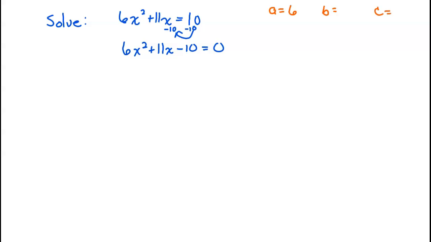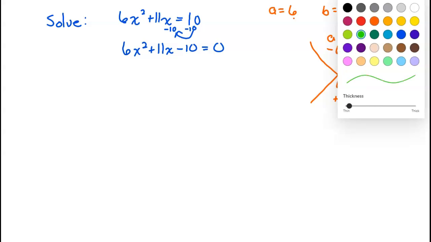My A is equal to 6, my B is equal to 11, and my C is equal to a negative 10. I'm going to take my A times my C. So 6 times negative 10, which will give me a negative 60. I'm going to draw this X, and then I'm going to put my B down here, positive 11.